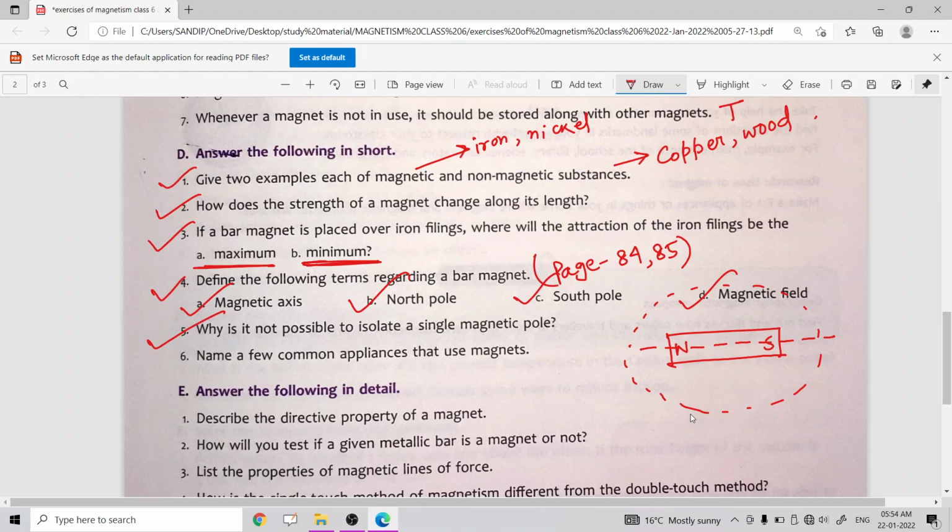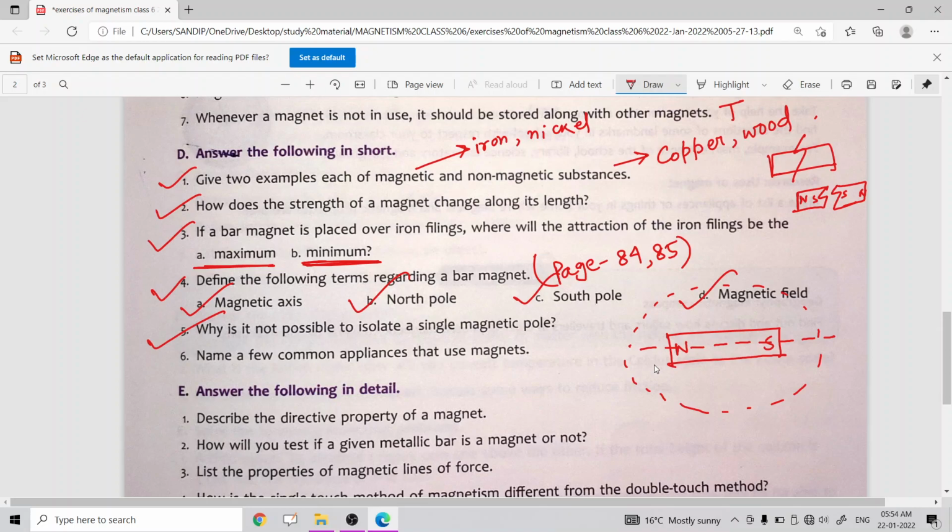Because magnetic poles always exist in pairs, and poles cannot exist independently. If you break a magnet into two parts, both parts have a north and south pole. So you cannot get one pole in isolated form, because poles always exist in pairs and cannot exist independently.